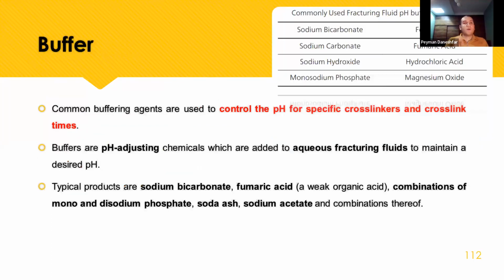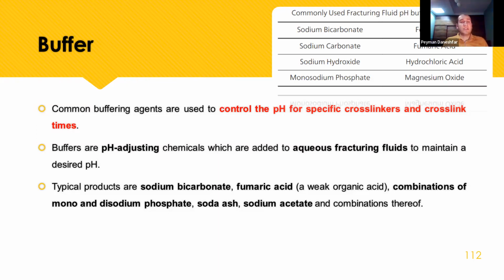For example, buffer. A common buffer agent is used to control the pH for the specific cross-linking and cross-link times. For example, buffer in acidizing: we use it to keep the pH around 4 to 5, because we don't want to precipitate the iron control. Okay, so we use the buffer.